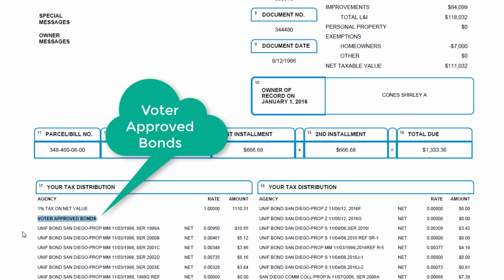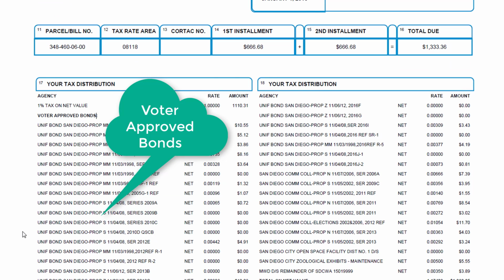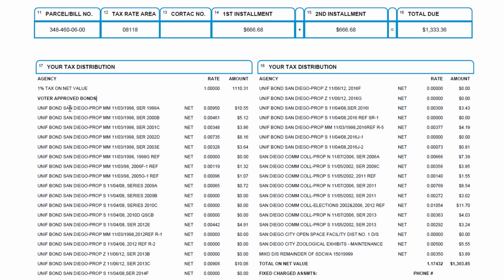So when we go to the ballot box and we say that we want X percentage for schools or fire stations or whatever, this is how it gets charged. So here you'll see in the past here are all these additional bonds that have been passed by the citizens, and they get charged on property taxes. So it is a percentage based.